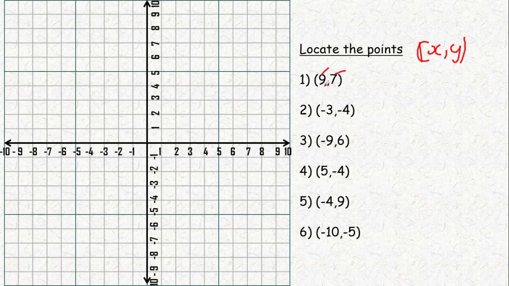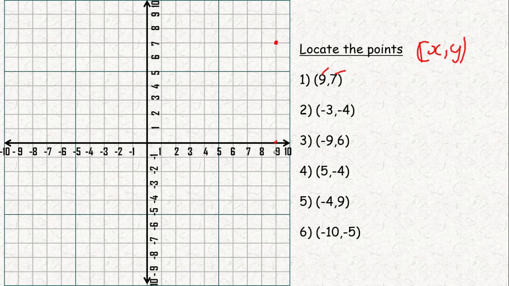Here x is 9, so horizontally the point starts from here, and y is 7, so this will be here. The 9, 7 point lies here. When horizontally it comes to 9 and vertically it's 7.